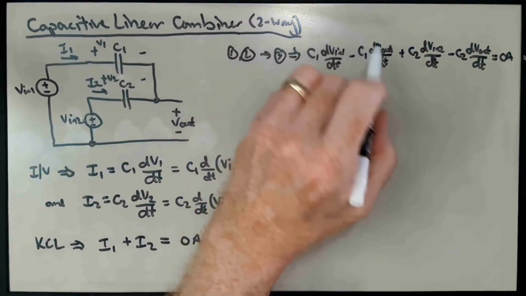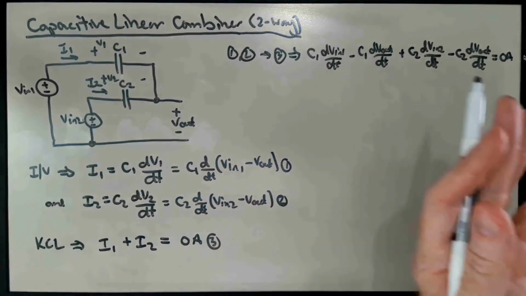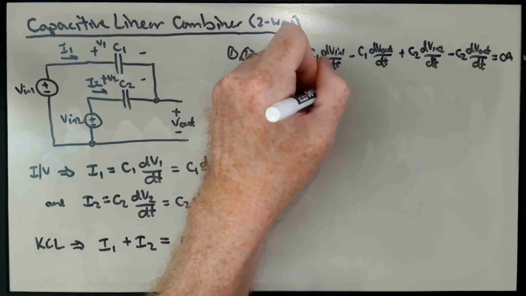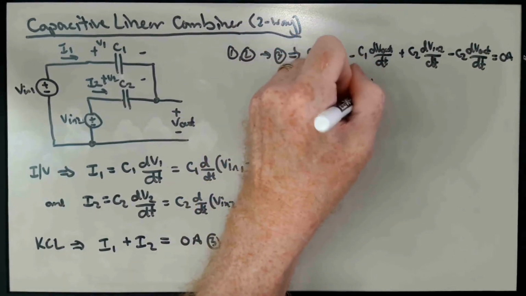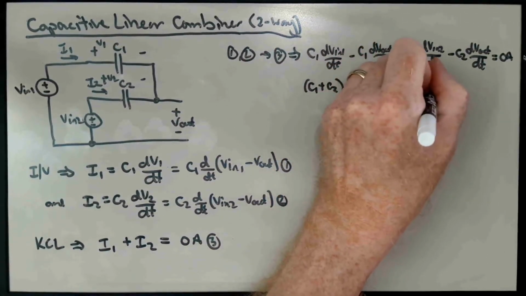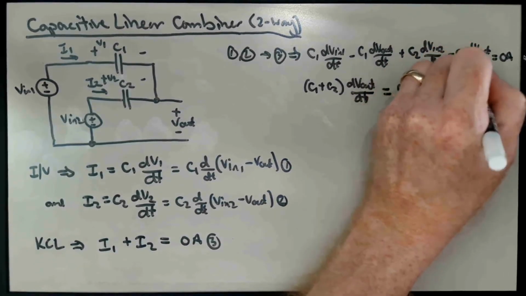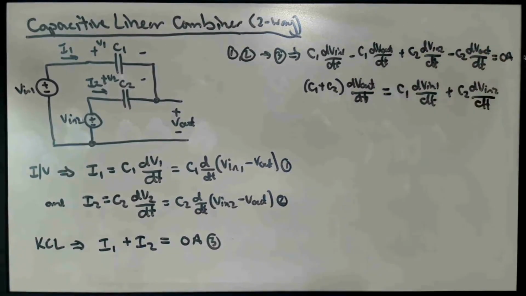So collecting the dVout/dt terms onto one side of the equation and flipping the equation around, we would have that C1 plus C2 times dVout/dt is equal to C1 times dVin1/dt plus C2 times dVin2/dt. Okay?